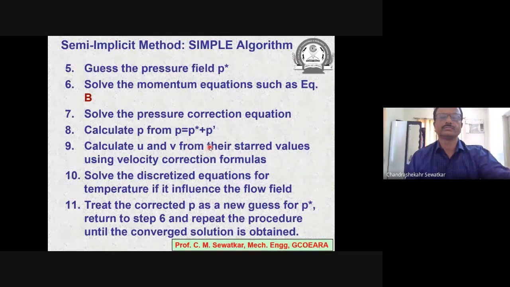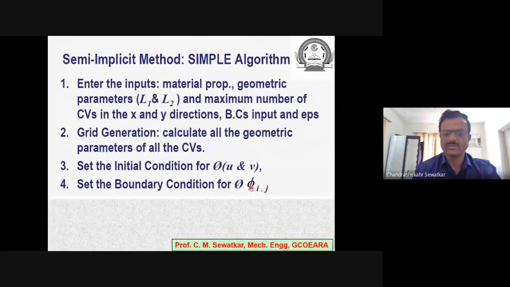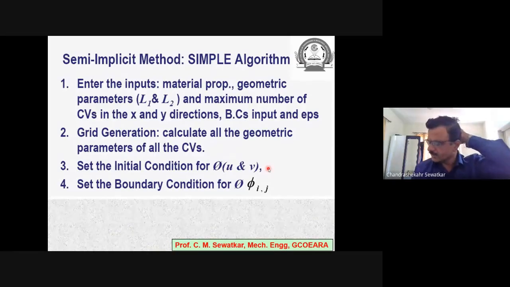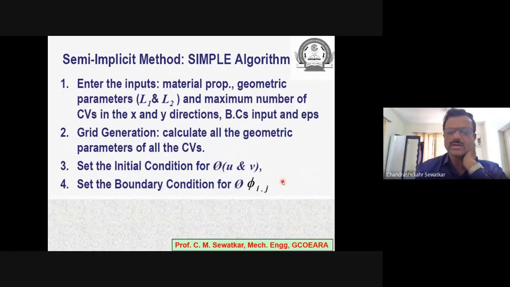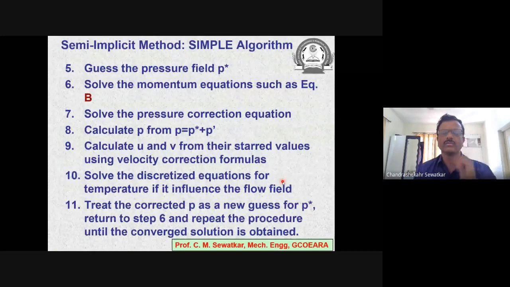Further, you also need to give the boundary condition for pressure, and the initial condition for pressure. You also need to give the initial condition and boundary condition for P prime, that is pressure correction. I have forgotten to put that here, but the initial condition and the boundary condition for P prime are also important. Those are required when we go ahead with the solution.